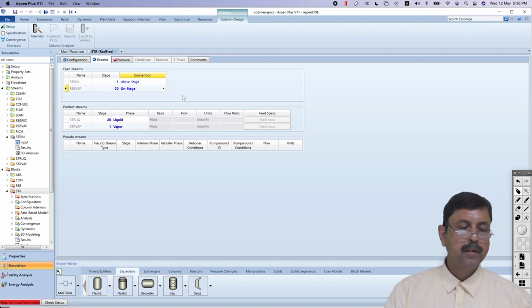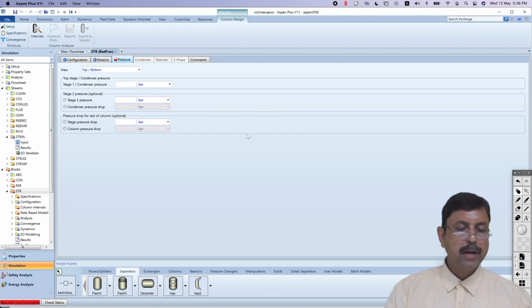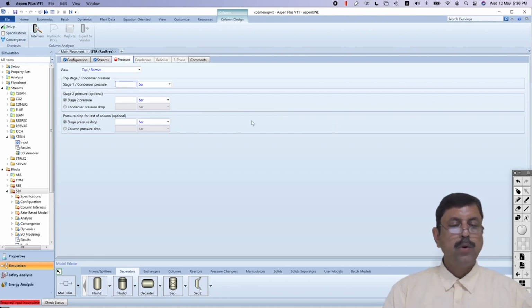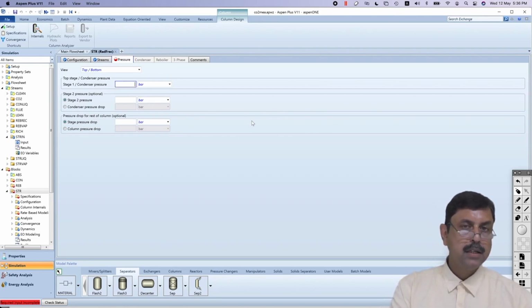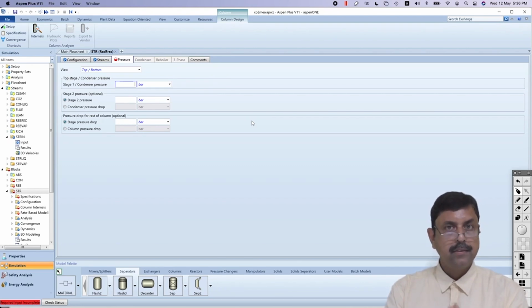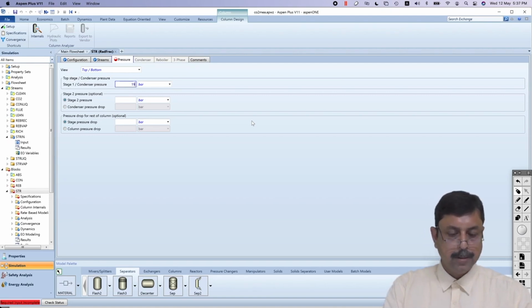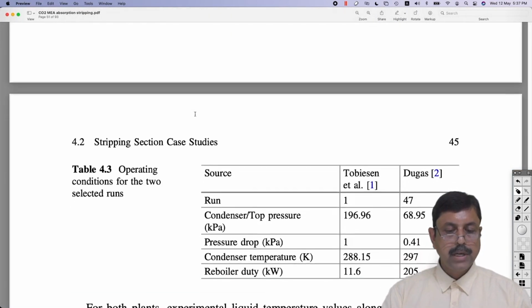Okay. And then go to the pressure. Now stage 1 pressure has not been set, but as the liquid stream STR in is inserted at the top of the column and its pressure is 196.96 kilopascal, let us keep the stage 1 pressure also at 196.96 kilopascal. And there is a pressure drop somewhere.